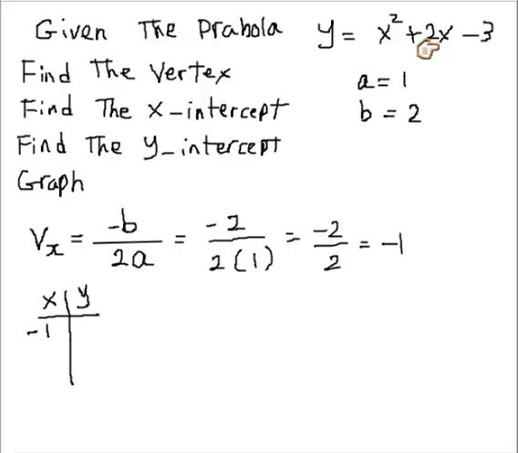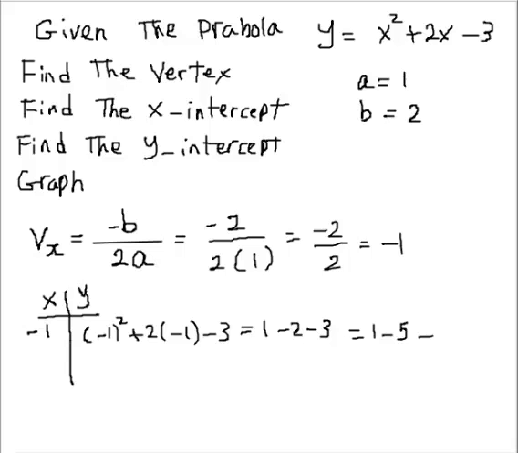If x is equal to minus 1, it will be minus 1 squared plus 2 times minus 1 minus 3, which is equal to 1 minus 2 minus 3, which is equal to 1 minus 5.